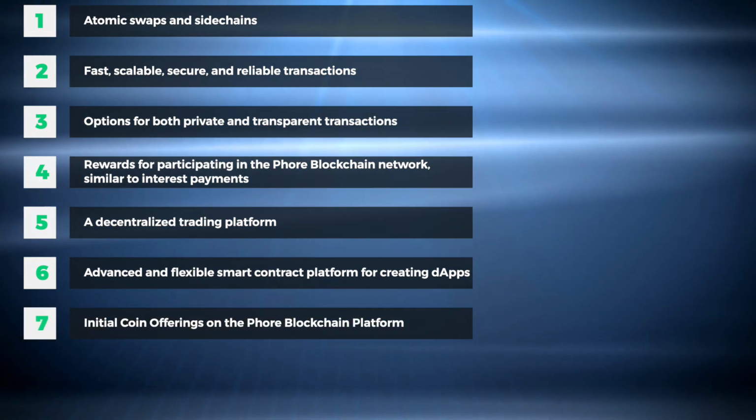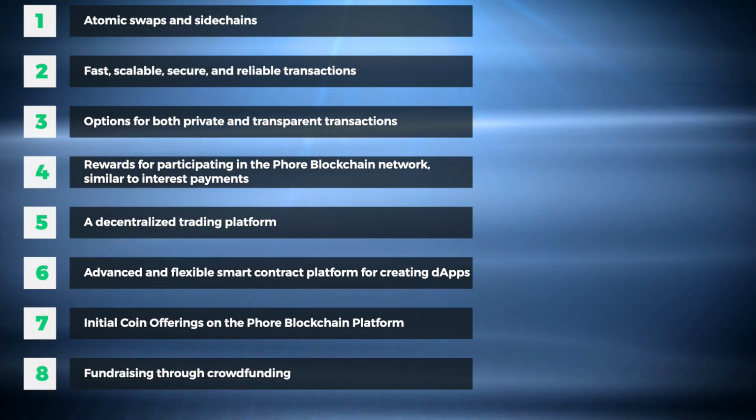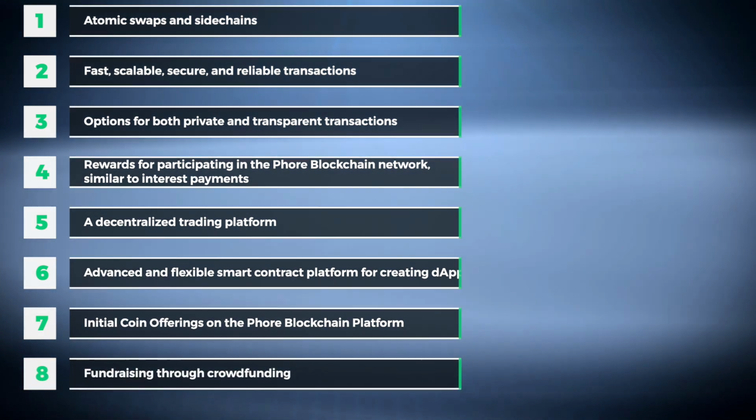Initial coin offerings on the Phore Blockchain platform, as well as fundraising through crowdfunding and much more.